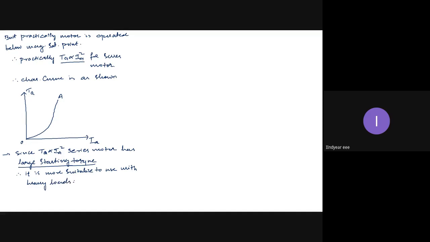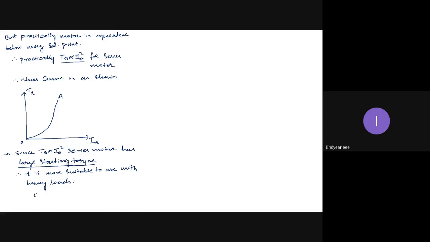Actually, the series motor has to be started with load on it. I can't start a DC series motor under no load condition. Why? We will see in the next characteristic.